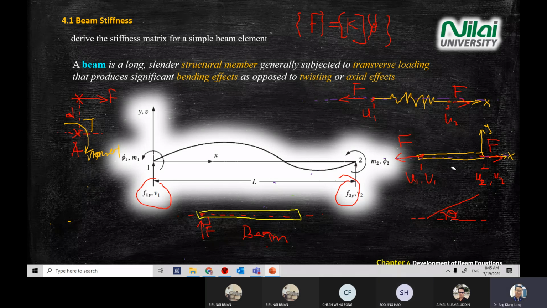If you see spring and bar, you don't have moment and twisting angle in your answer. In your F equal to KD, in the displacement here, you will not see moment or twisting angle in spring or bar. Maybe I explain that way, then you can see it more clearly.